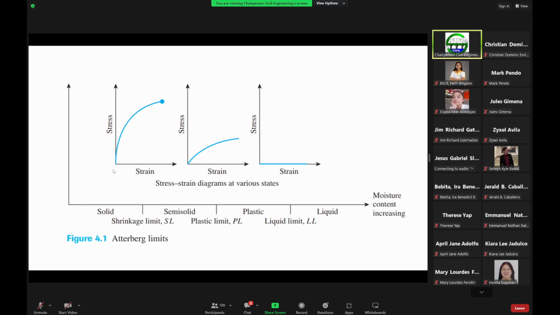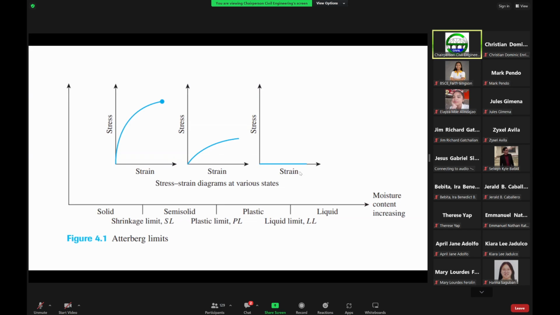Now if we are on the plastic to the liquid state, having the liquid limit moisture content, it is now becoming like a liquid. Then basically you don't need any stress at all for the soil material to undergo the same strain, because it's acting like a liquid.